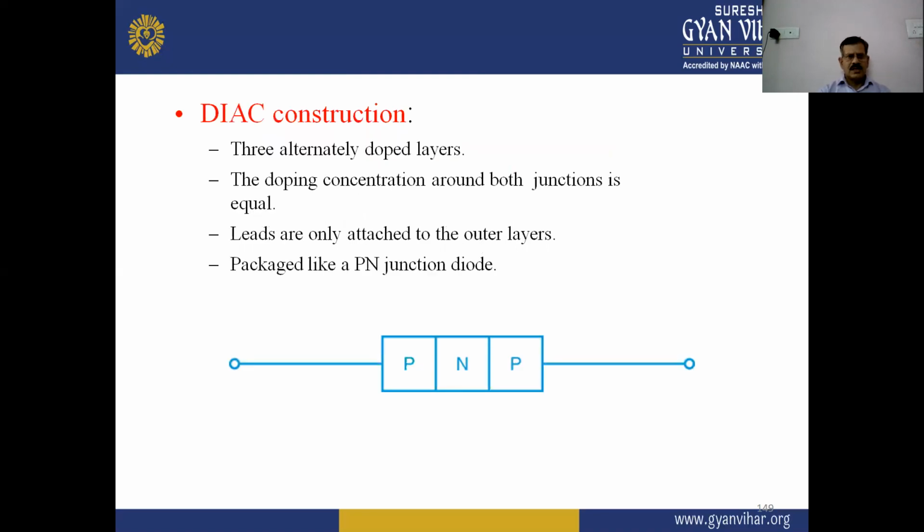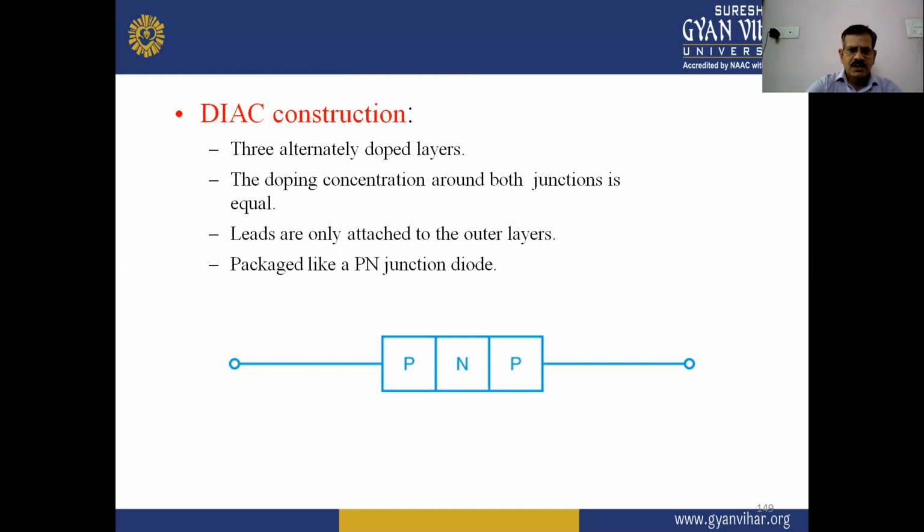So what is the construction of the two-terminal diac device? There are three alternately doped layers, which are P, N and P, and the doping concentration around both junctions is equal. So there are two junctions, J1 and J2.